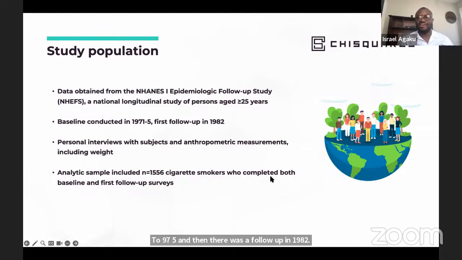The survey collected data on various measurements like your height and your weight and all of those things. The analytic sample in this study included 1,556 cigarette smokers who completed both the baseline and the first follow-up survey. So again, the question we're trying to answer is: is quitting smoking associated with weight gain?